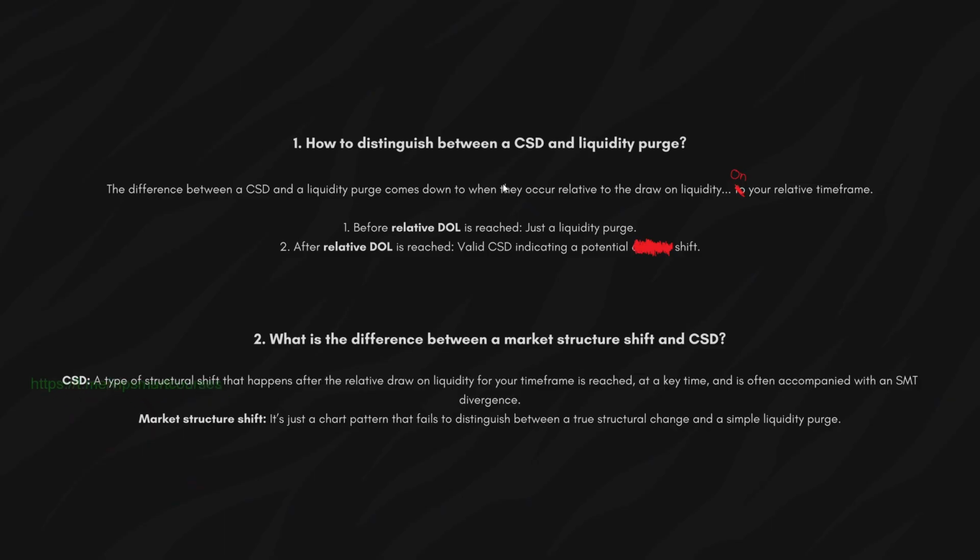If price rejects below a low or rejects above a high before the relative drawn liquidity is reached, that would be regarded just as a liquidity purge. But if that rejection occurs after the relative drawn liquidity is reached, then that would be considered a valid CSD that would indicate a potential shift in the structure.